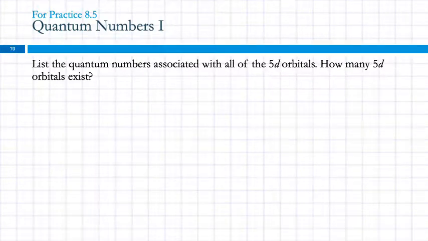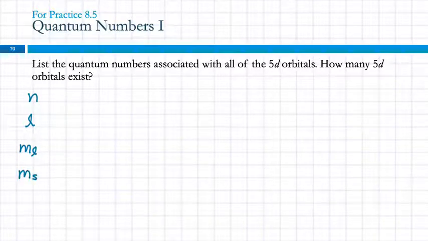List the quantum numbers associated with all of the 5D orbitals. How many 5D orbitals exist? So we've got n, we've got l, and we've got m sub l, and then there's m sub s.